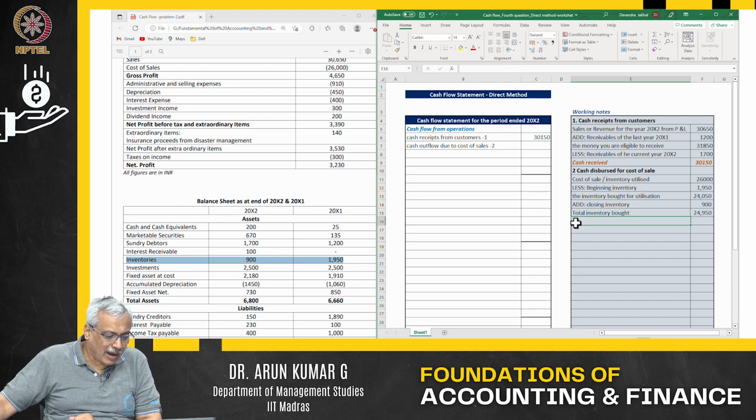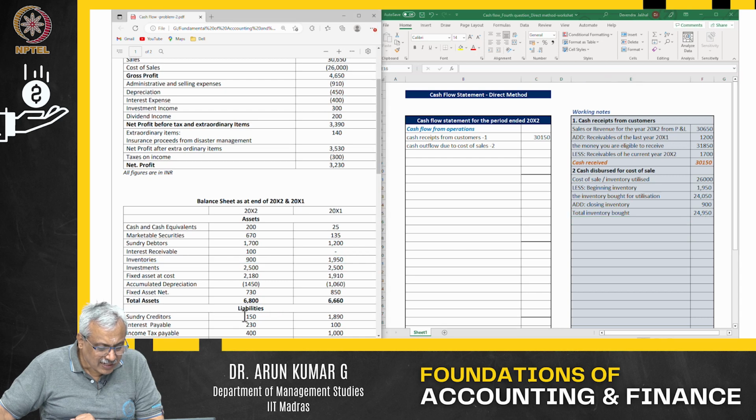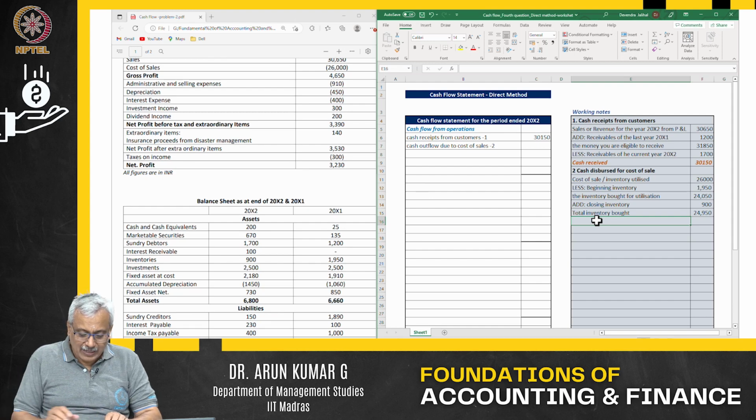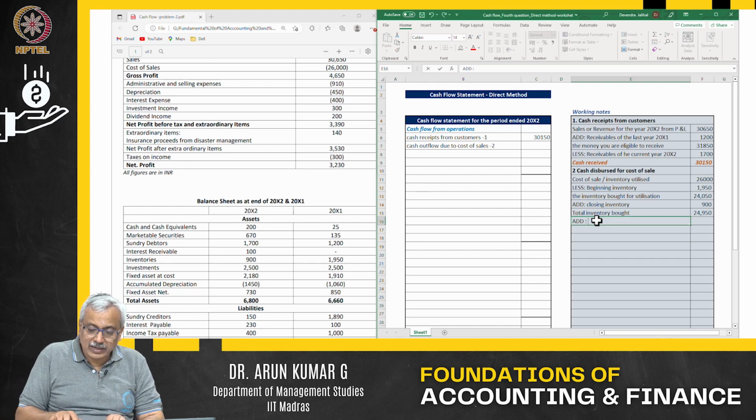I go back here and I see my creditors last year was 1890. That means how much do I have to pay? I have to pay, that is, add the opening creditors out there.